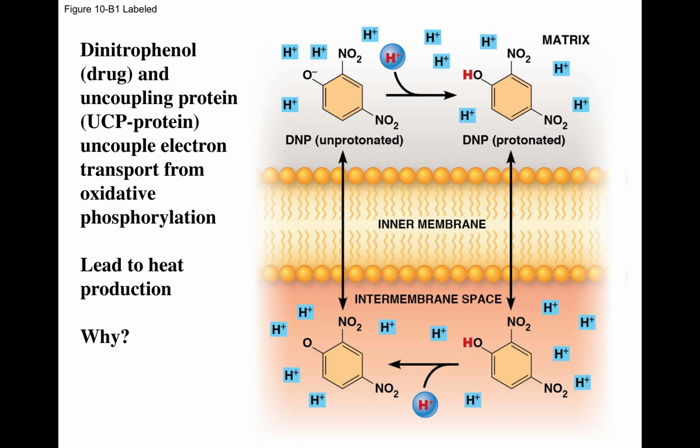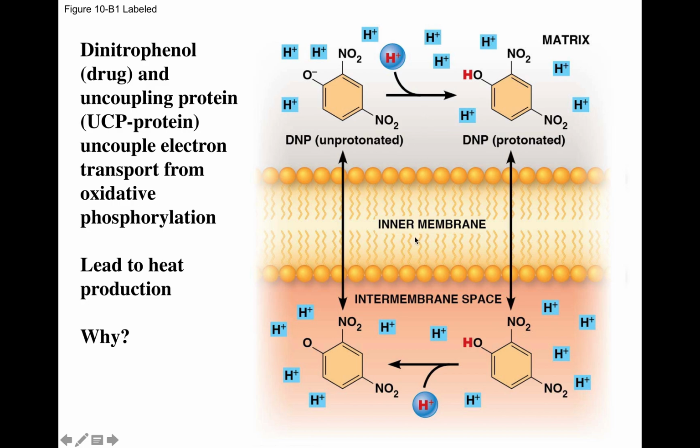And it was given foolishly as a diet supplement to help people lose weight. This is back in the 20s and 30s. Some of those people died and had heart problems because they were severely compromised in their ability to make ATP.